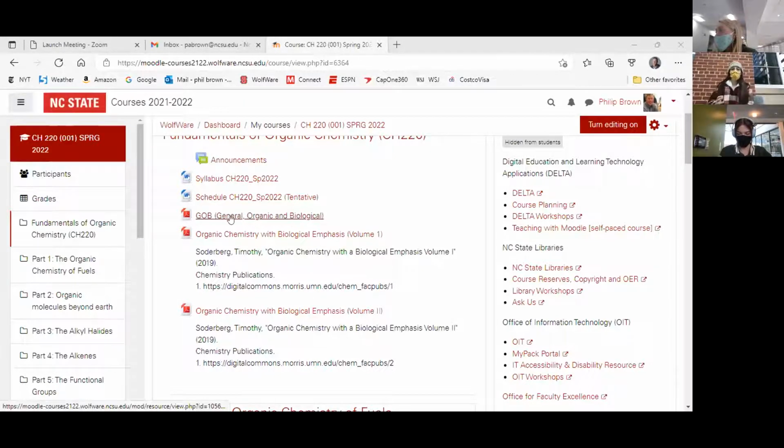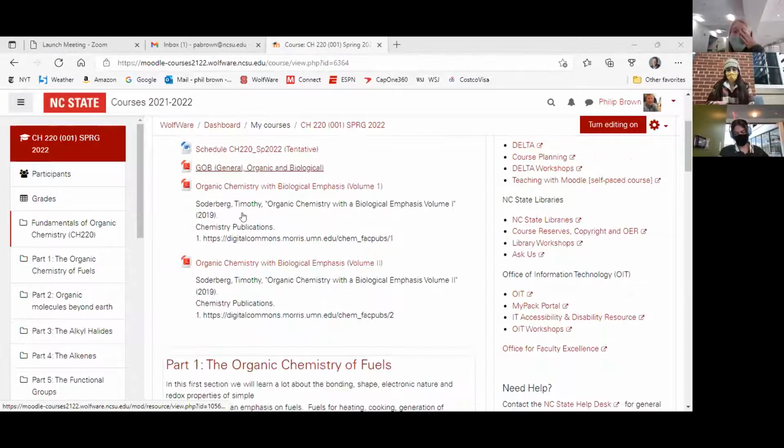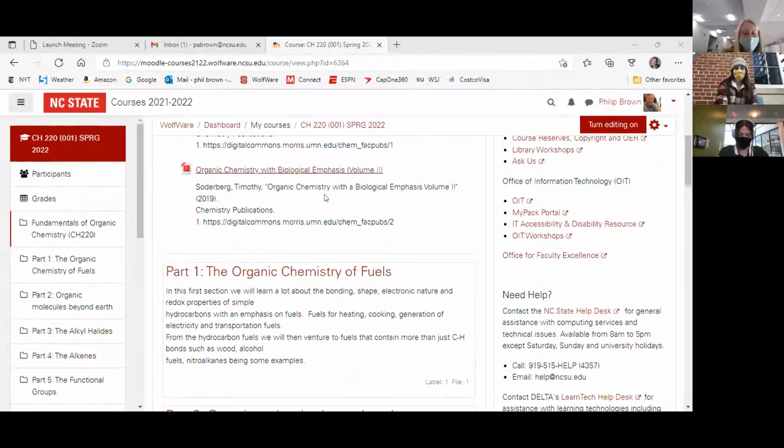If it's been a while since you've had general chemistry, this is a nice resource. These next two, organic with biological emphasis, volumes 1 and 2, are much more intricate books, designed mainly for a full semester organic class. So don't worry about these two. All three of these books are for reference. The lectures are your main source of information, as we'll see as we go along. So keep that in mind.